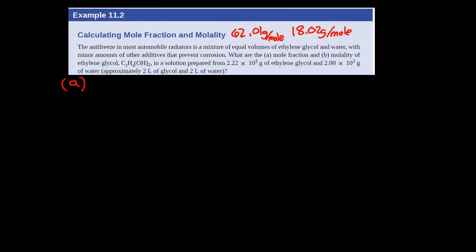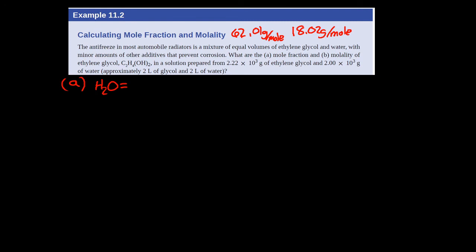Okay. So if we go ahead and work out how many moles of each we have, for the water, we're told we have 2,000 grams, because that's what 2 times 10 to the third is. So we're going to have 2,000 divided by 18.02. For the sake of space, I'm not going to write that out as a unit conversion, even though it is.